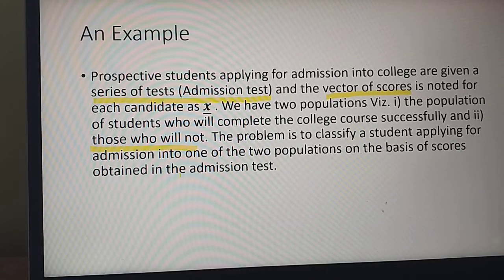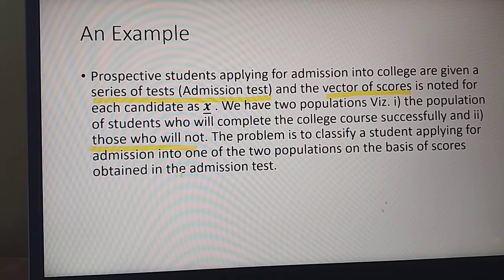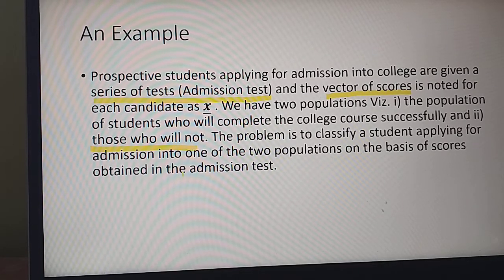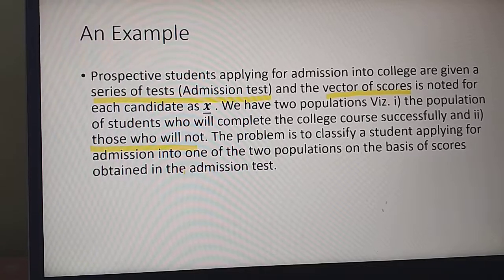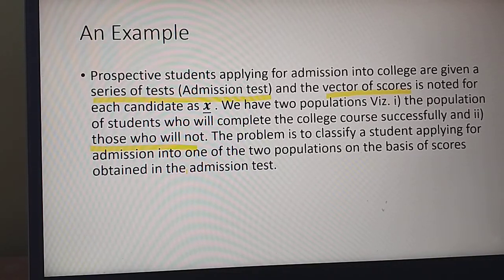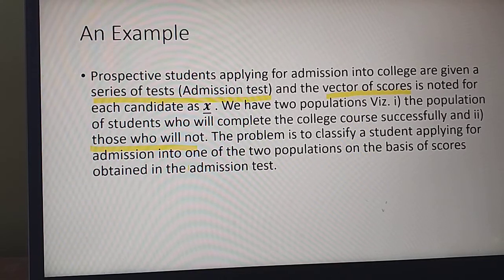So we have a group of candidates, and we have to identify each one of the candidates into one of these two populations. One population consists of those students who will successfully pass the college course, and the other population is the complement, that is those students who will not complete the college course successfully.